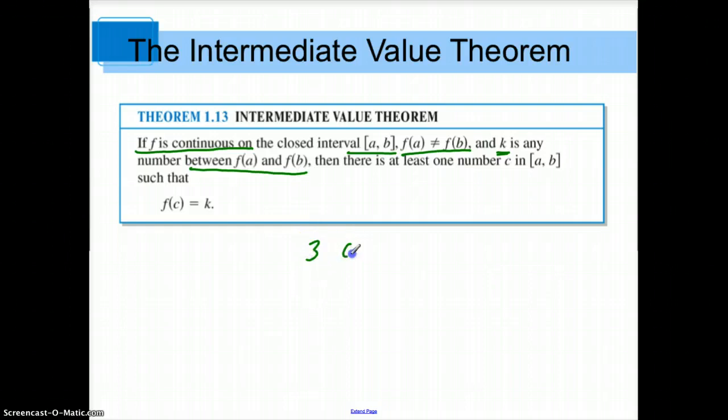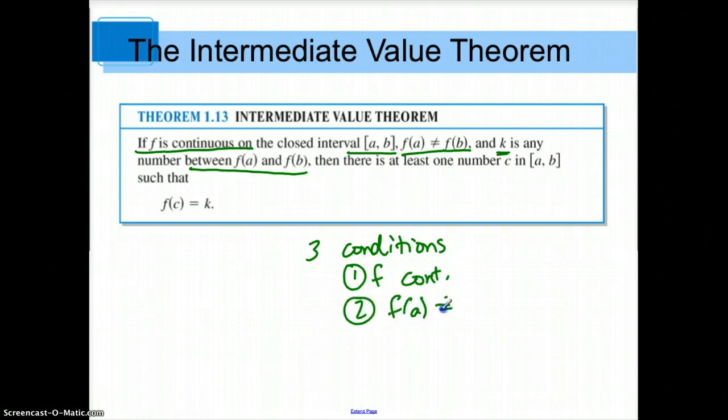So there's three conditions. First of all, f has to be continuous. Second of all, f of a cannot equal f of b. And thirdly, k has to be between, and it could be the endpoints too.